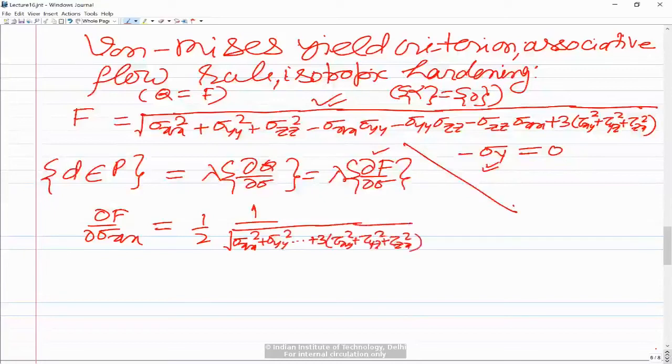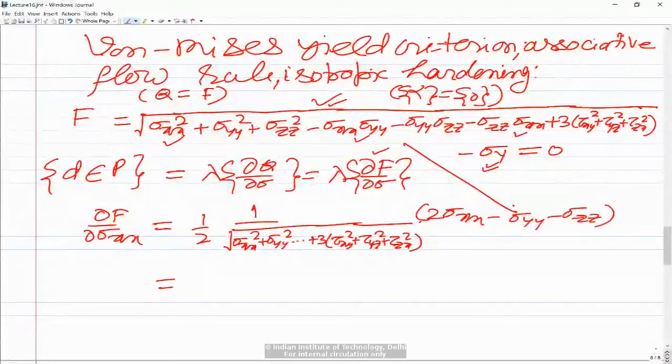Then in the numerator the derivative of whatever is inside. See, sigma y, the yield stress, is not an explicit function of sigma xx, so that term will not come over here. Then the derivative of the quantity inside the square root sign with respect to sigma xx will give you twice sigma xx, then minus sigma yy, and then minus sigma zz. So this is del f by del sigma xx.